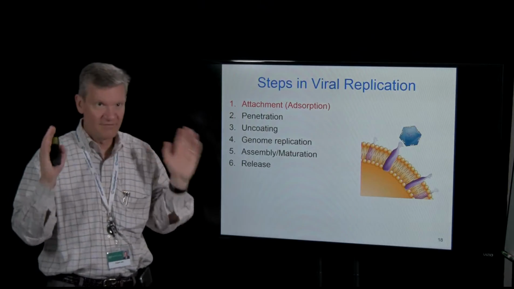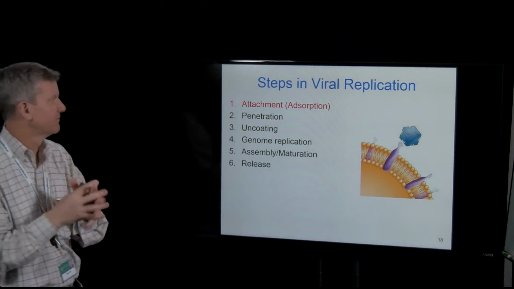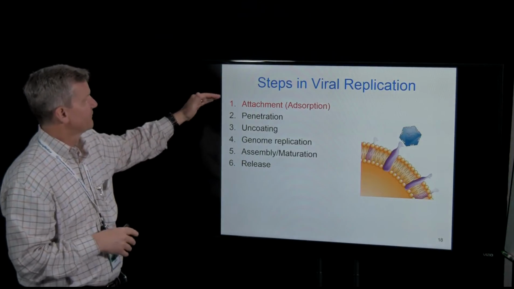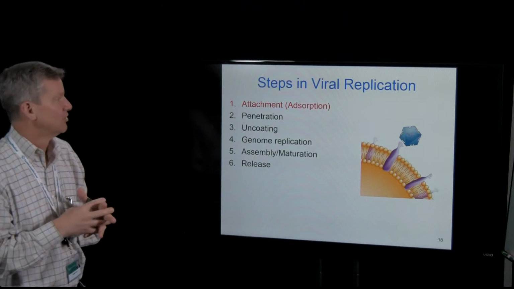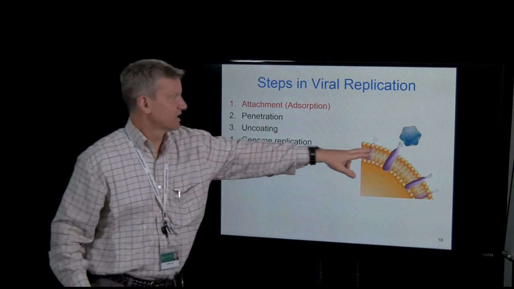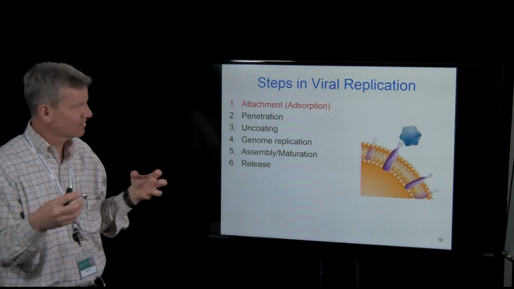Okay, so you have to know this. You have to know what the steps in viral replication are. This is an objective. So you have to know that the first thing a virus has to do is attach to its host cell. This looks like a non-enveloped virus here, and some viruses have spikes on them.